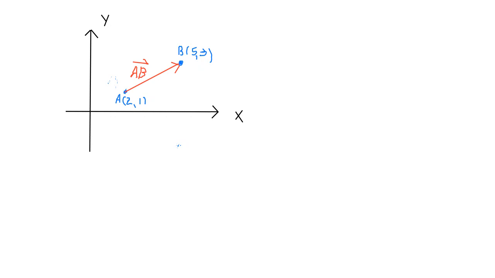What I want to know is what are the components of vector AB. It has to have an X component and a Y component, right? If you had to guess a little bit, Ian thinks the components are 3, 2.